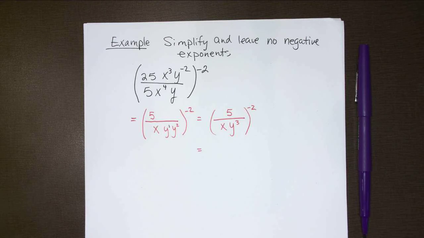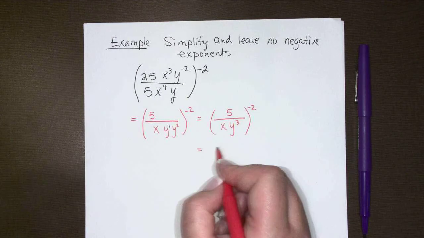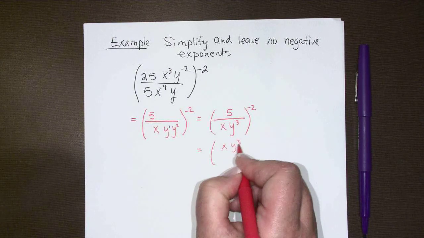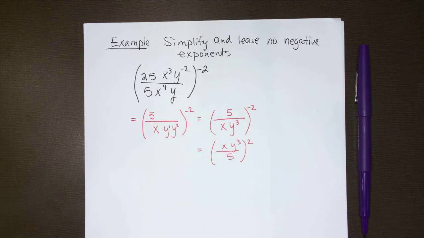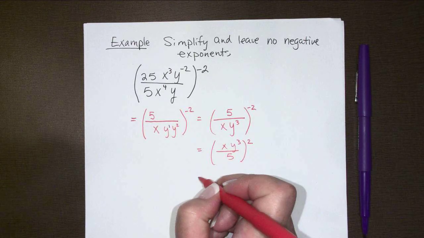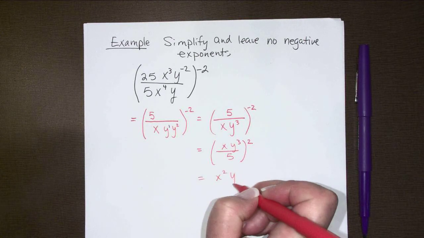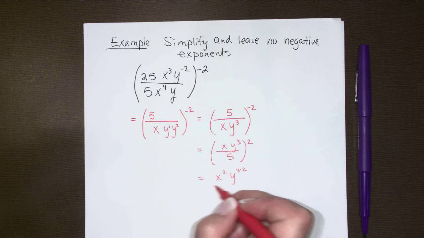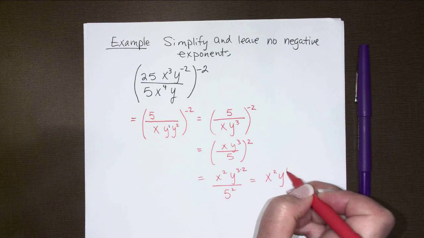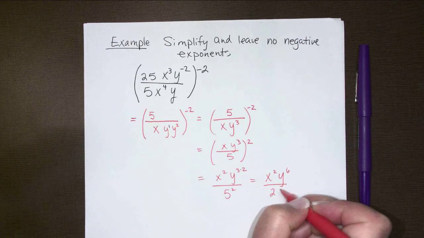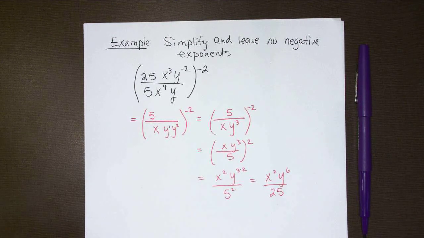Step 1 is flip it, and now it's squared. The flip takes care of that minus, and then everything inside is squared. So that would be x squared, y to the cube squared, you'd multiply those, and 5 squared. And that would be the answer you'd be looking for.